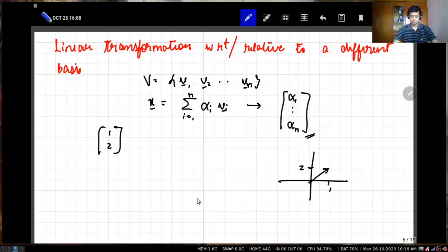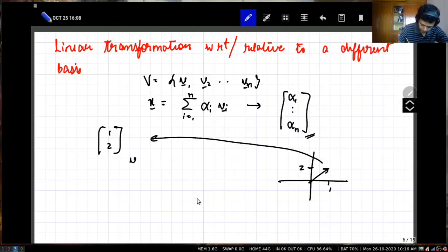Now this is the representation relative to the standard ordered basis. So corresponding to this point in R2, we have this vector if we choose v1 to be the x-axis and v2 to be the y-axis, right?